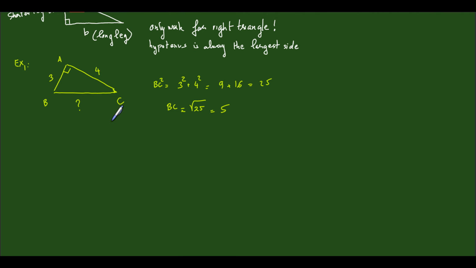Well, we have the measure of a side, so it cannot be negative. Over here, I did not include any unit because originally my question has no unit. But what if I put 3 centimeters, 4 centimeters? Then you have to put the unit.